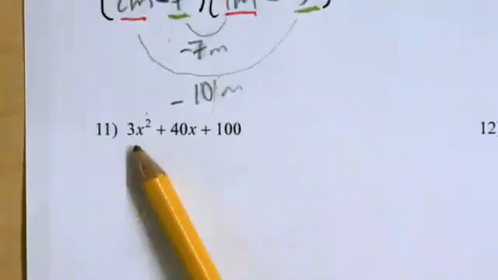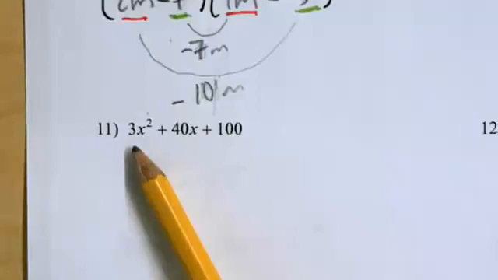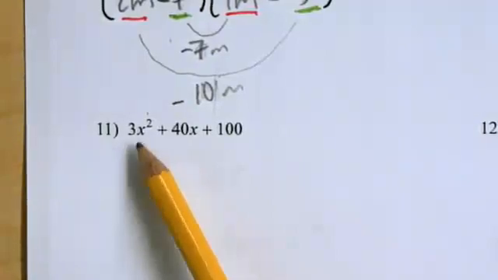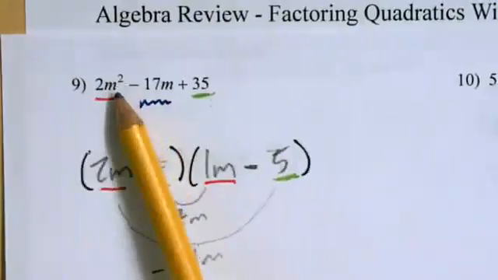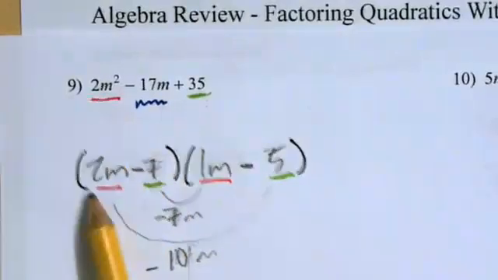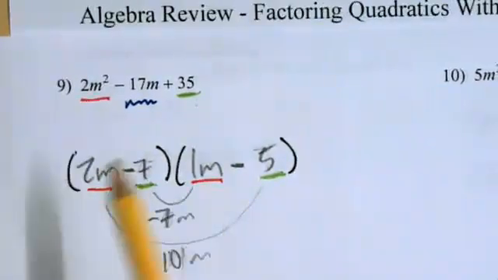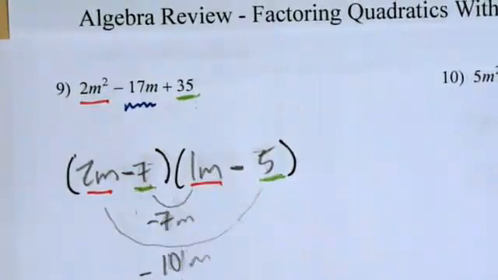Also, if there's more than one way to get the first term, then the number of possibilities gets pretty complicated. I designed these problems so that they would only have one way. But if this had been a 4x squared, like this is a 2x squared, I wouldn't know for sure whether this was 1x and 4x or 2x and 2x.